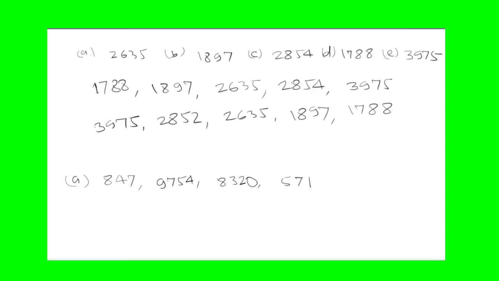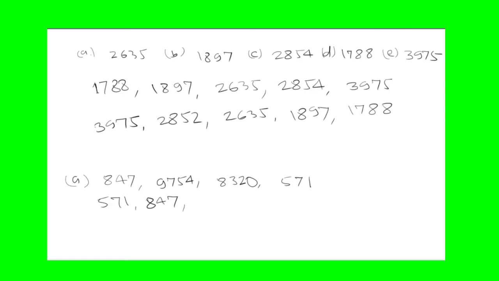When we see all these numbers, we have two 3-digit numbers and two 4-digit numbers. Out of these two 3-digit numbers, 847 and 571, 571 is the smallest, so we'll put 571 at the first place, and then 847. Then we have got 4-digit numbers.